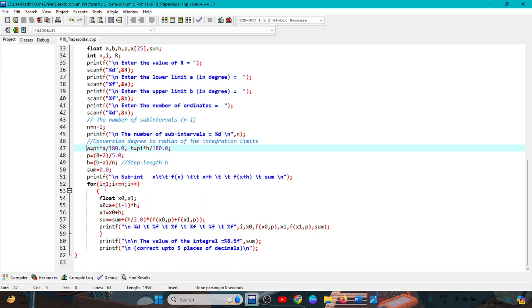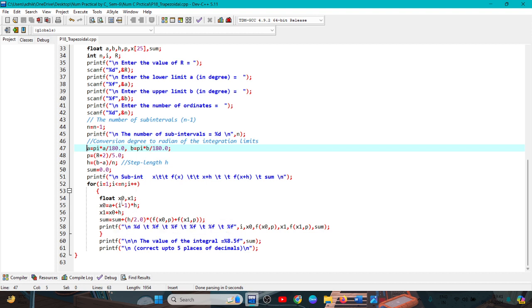Next loop, for i equals 2, this new x0 is a plus, with i equals 2, 2 minus 1, that is 1, plus h. Actually this new x0 is the value of x1, and this x1 is the improved value, x1 plus h, actually x2. So when i equals 2, x0 is actually x1 and x1 is actually x2. And the new sum equals the previous sum.